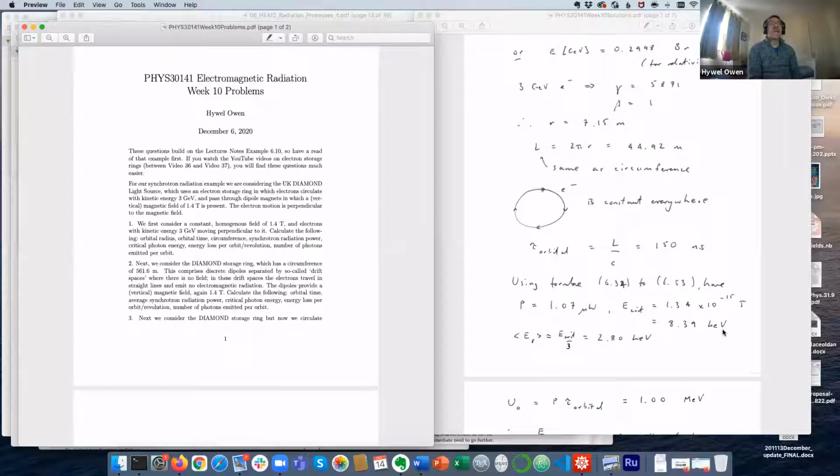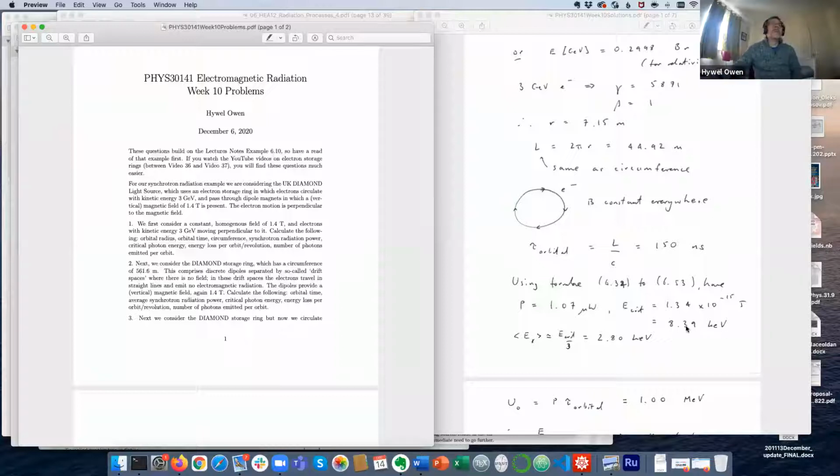And above the critical energy, remember that each photon above the critical energy carries a great deal of energy with it. So there are relatively fewer photons above the critical energy than the many photons that there are below the critical energy. Okay, so the same amount of energy carried by one eV photons, of course, is many more photons than the same amount of energy carried by one high energy photon.